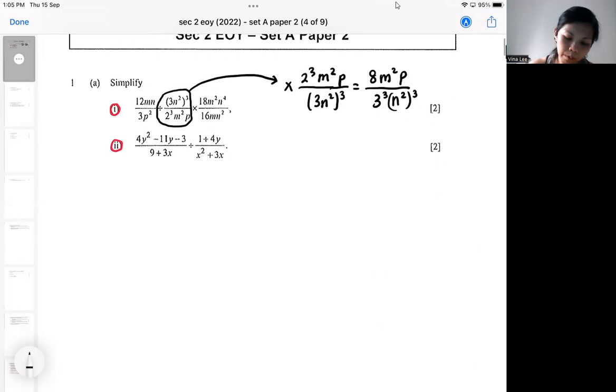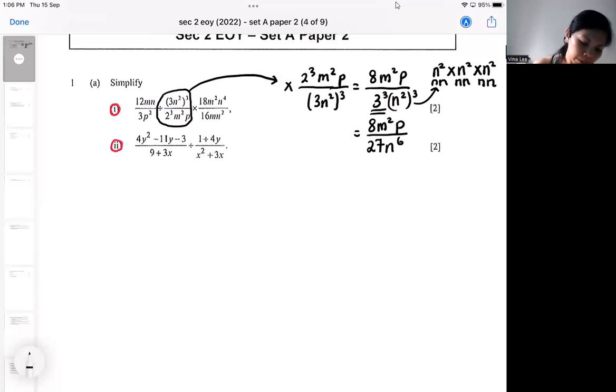You do it sideways first. 3 cube is a very common careless mistake. 3 cube is 27. There will be some of you who have written 3 cube as 9. That is a common careless mistake. This one is also another issue. Some people will get this wrong. n square is repeated 3 times, so if it's repeated 3 times, you will realize that you end up with n to the power 6.